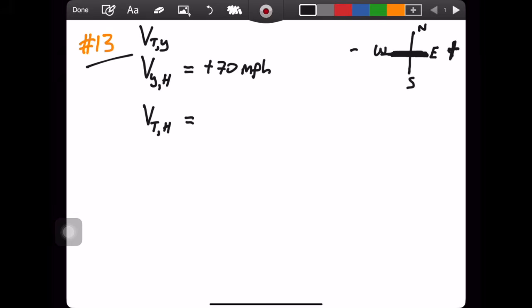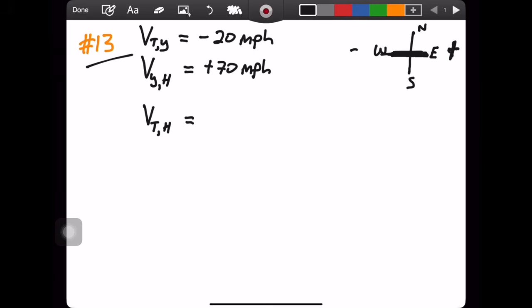So that's us. I keep saying you and us, but it's the same thing, right? You imagine we're in a car, there's a truck, and there's a highway. Those are the three reference frames. So the velocity of the truck with respect to us, since it's coming towards us, it feels, even though it's going eastbound and we're going eastbound, it feels like we're stationary and it's going westbound at minus 20 miles per hour.